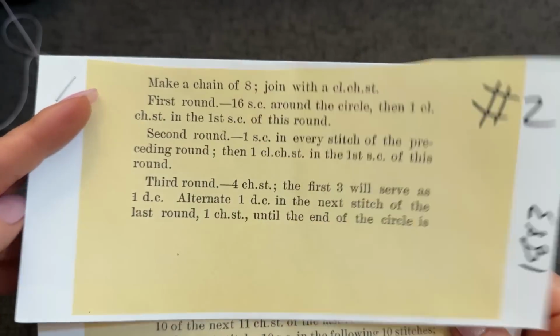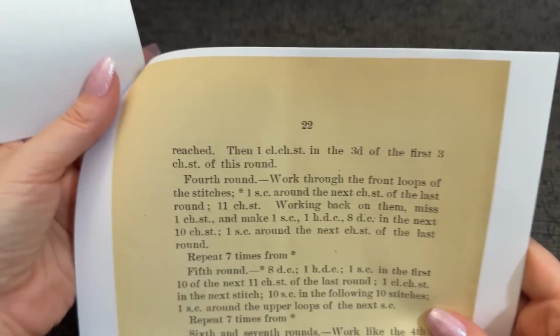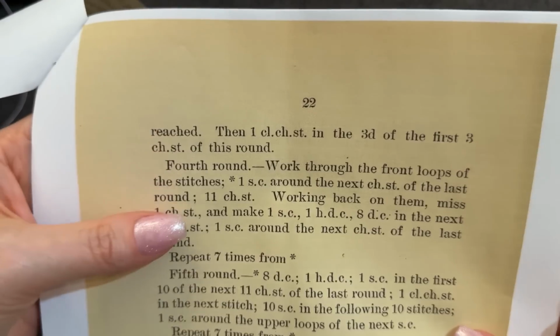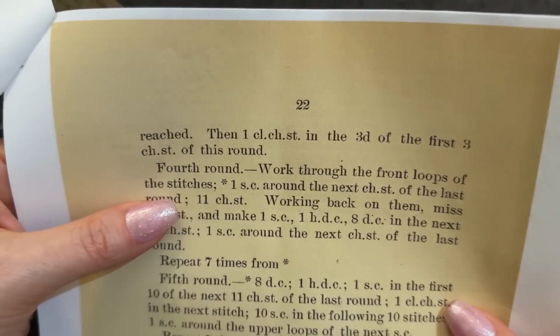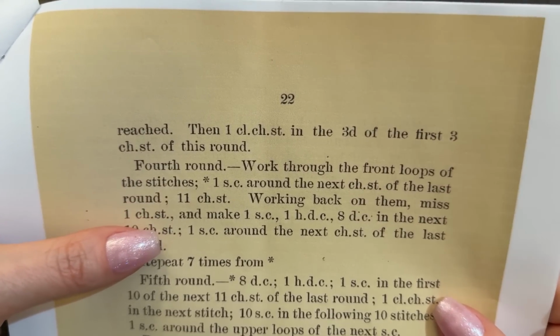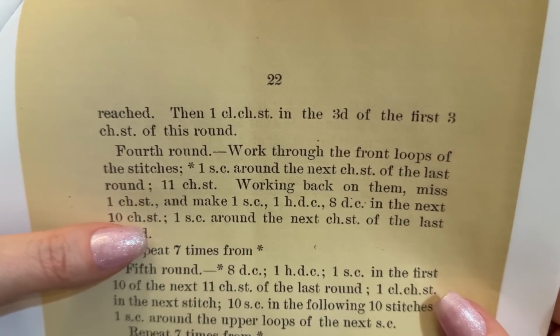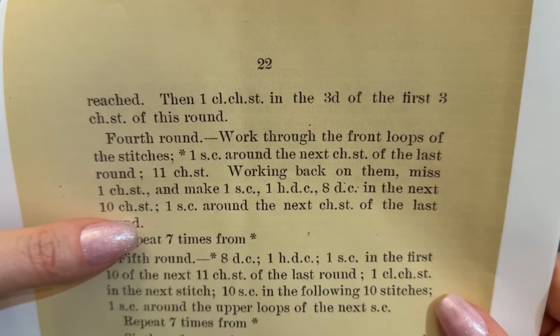Okay, I am not, well, let's look at round 4. Working through the front loops of the stitches, 1 single crochet around in the next chain stitch of the last round, 11 chain stitches, working back on them, miss 1 chain. Okay.